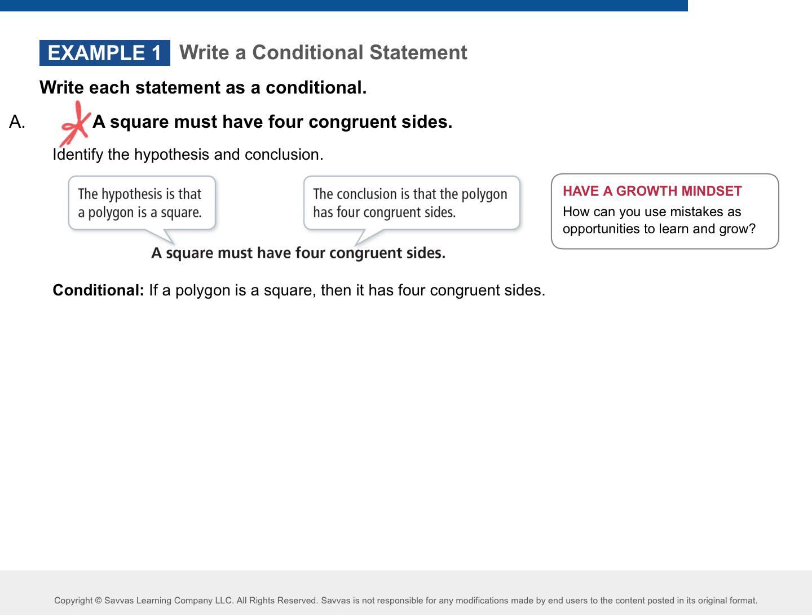No. You took must out. It has 4 congruent sides. So if it is a square, then it must have 4 congruent sides. Could I flip-flop it? If it must have 4 congruent sides, then it is a square. So if it is a square, then it must have 4 congruent sides.